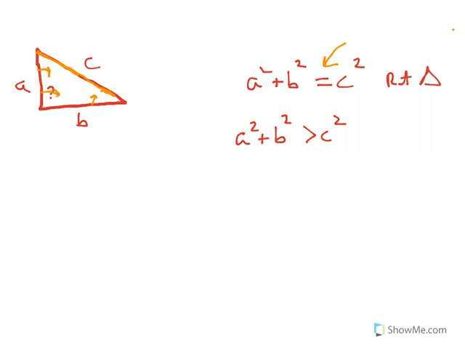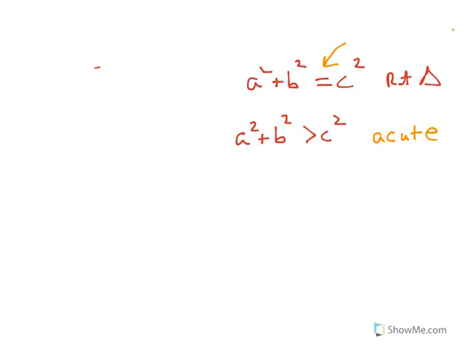That means this angle must be getting smaller. So this is not going to be a right angle right here. This is going to be an acute angle. So if a squared plus b squared is bigger than c squared, so c squared is too small, then it must be acute. It's not a perfect relationship to make a right angle. It was too short for the c value, so that's acute.